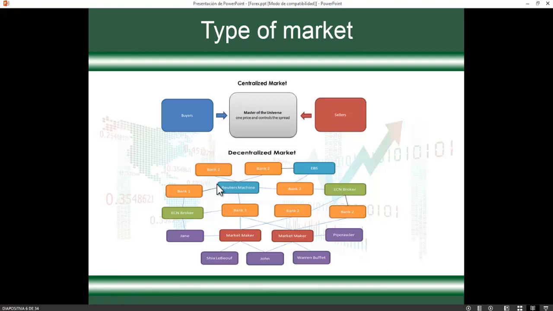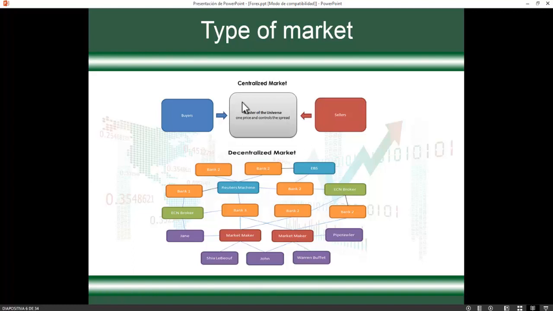The good side though is that you have easy access, and you don't need to go through a very painful process of accreditation, because obviously the centralized market has a very strict regulator. You're also less exposed to manipulation of the prices because there is so much choice, and there is a lot of competition between all of these banks to show you the best rates, so they all compete with each other.